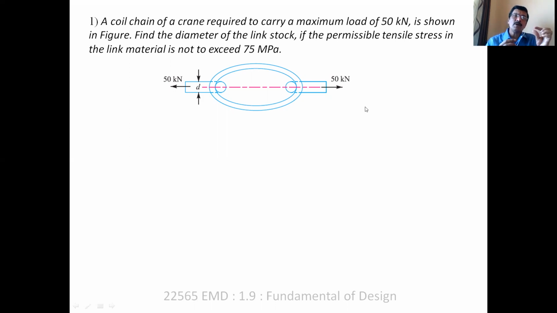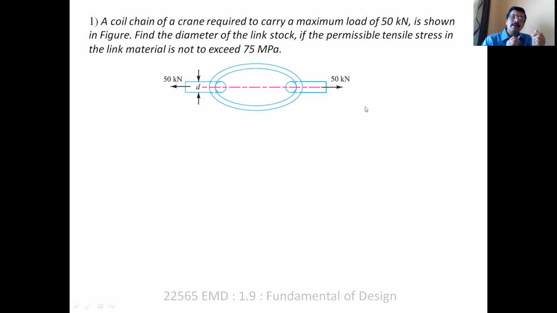Find the diameter of the link stock if the permissible tensile stress in the link material is not to exceed 75 megapascal. So that means here directly permissible stress is given, so there is no need to convert the ultimate stress to permissible stress. Already permissible stress is given.